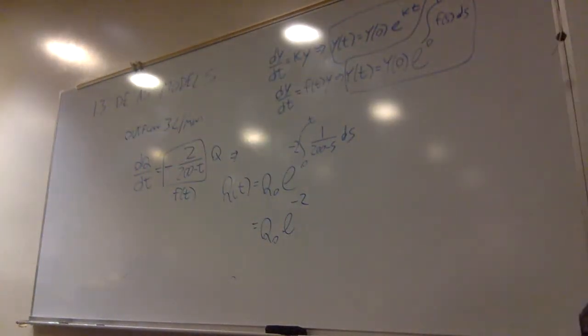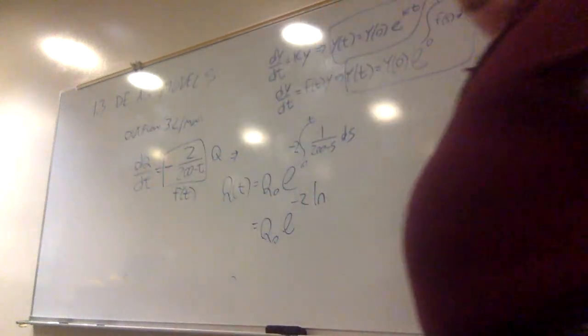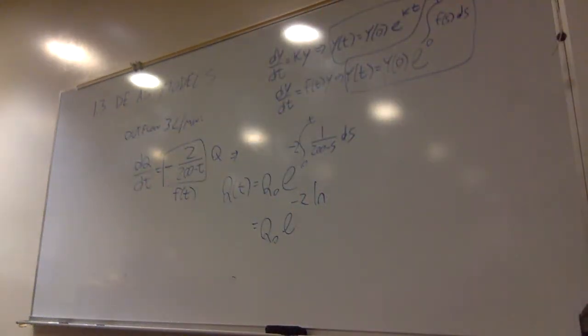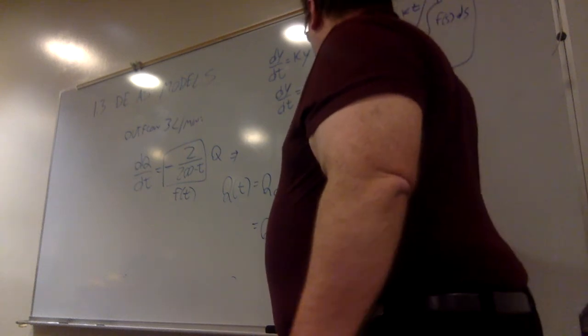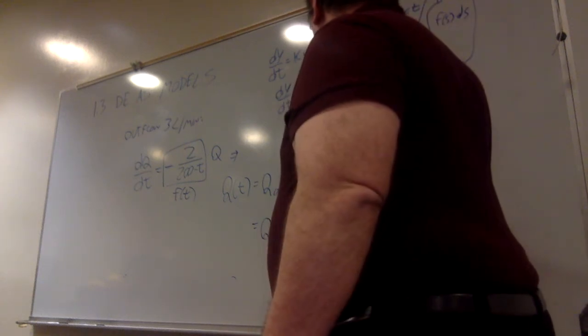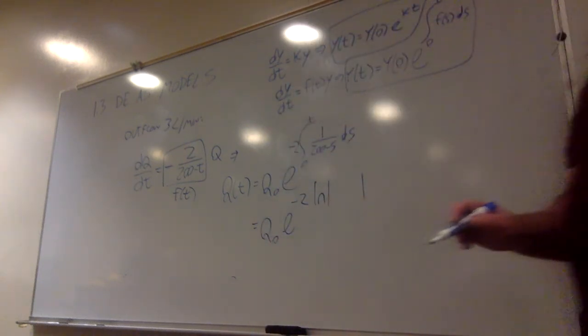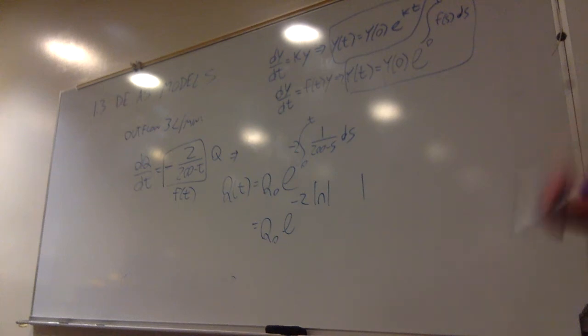What is the integral of that? Natural log. Yes, there's a natural log involved because we have s by itself in a denominator. Natural log of what? 200 minus s.